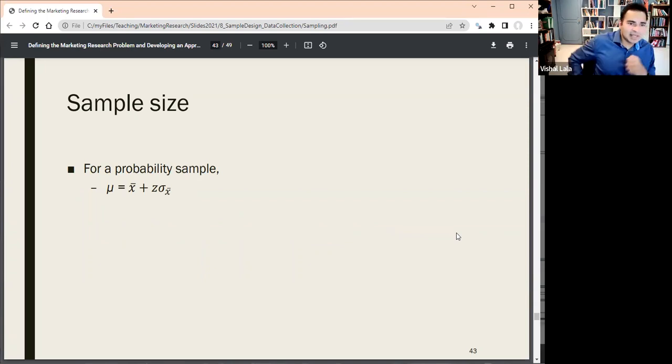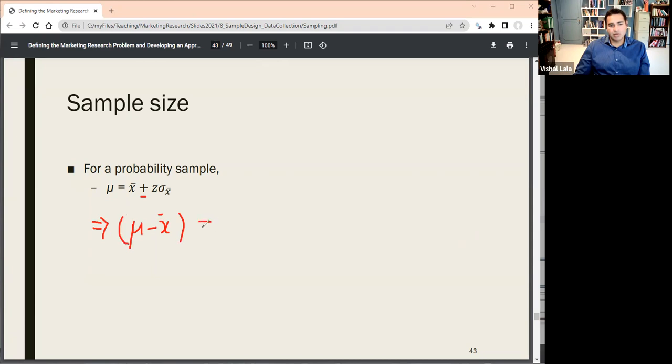Let's begin by examining this little equation, which we've seen before. So mu equals x bar plus or minus z sigma x bar. Now you can simplify this equation, rearranging the terms to do something like this: mu minus x bar is equal to z times sigma x bar.